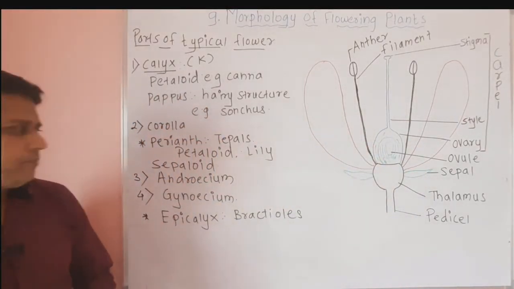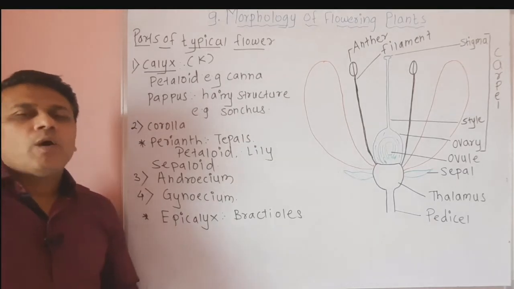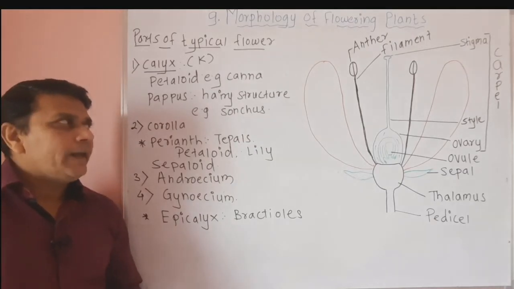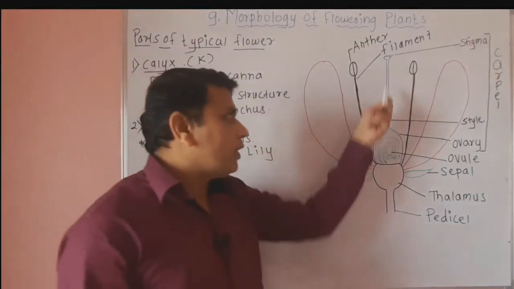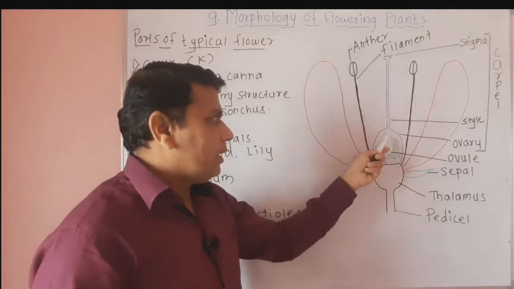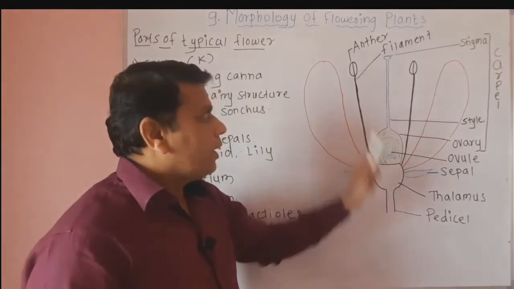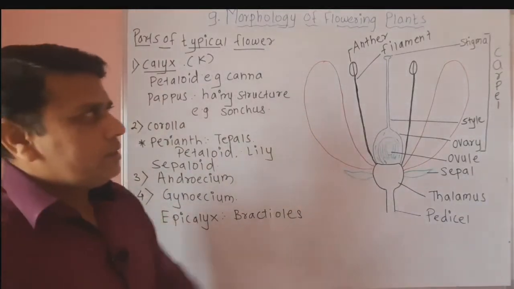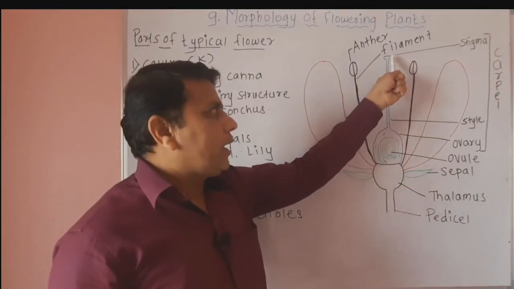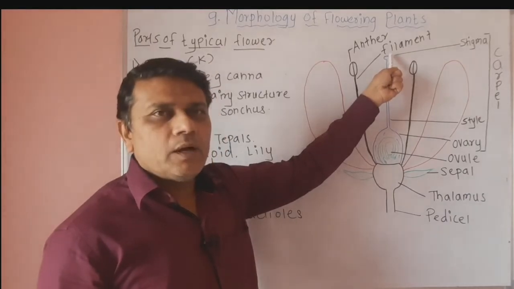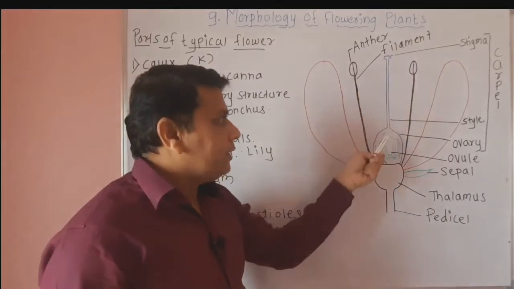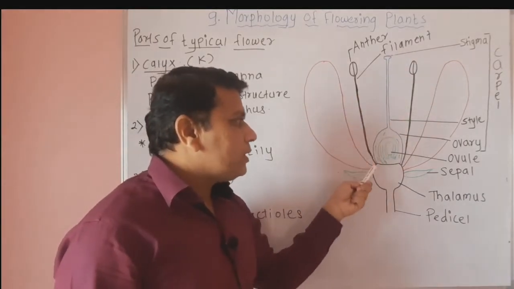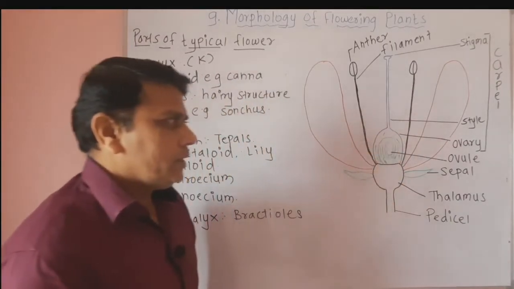Then the innermost whorl of the flower is called as gynoecium, or it is also called as pistil. The individual members of gynoecium are called as carpels. So here we can see the carpel or gynoecium, and each carpel is differentiated into three parts. The upper part is called as stigma, then style is long, and at the base ovary is present.